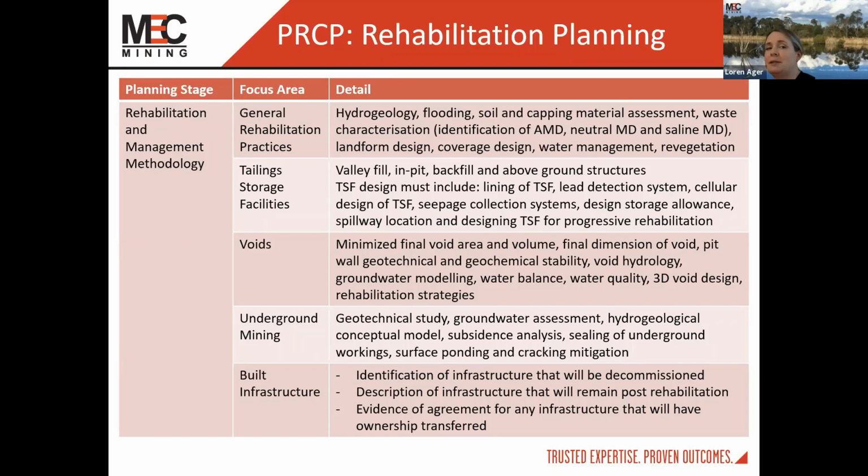When we talk about the tailing storage facilities, they're one of those areas which contain some of the most hazardous materials on a mine site and represent significant long-term risks to the environment if not rehabilitated correctly. It's also one of those areas which is rehabilitated last because the processing of minerals occurs all the way up until the end of mine life.